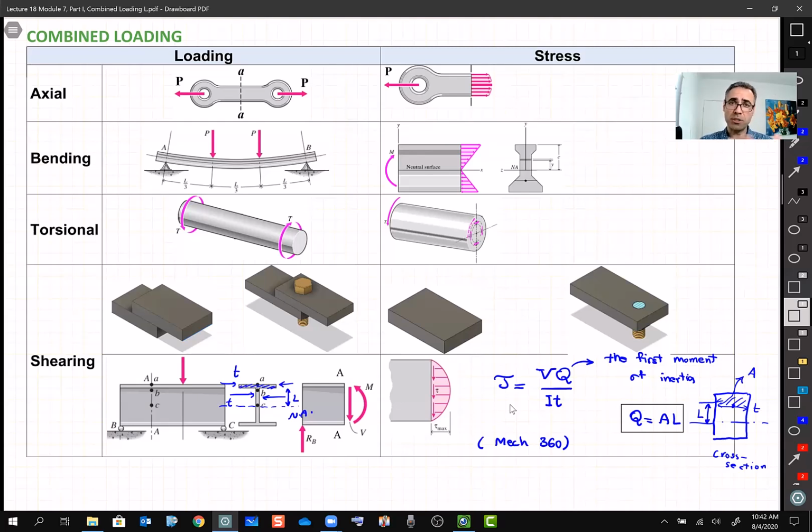With each of these loadings, there is a stress. The stress can be a normal stress, which we show by sigma, or it can be a shearing stress, which we show by tau. For each of these types of stress, we have a simple formula, which you've learned, hopefully, so far, to calculate stresses. So now we want to combine all of these things together.